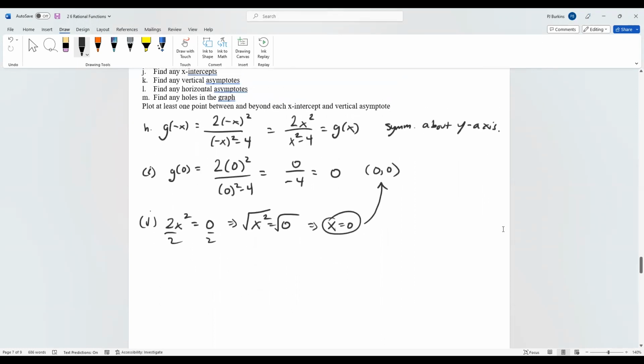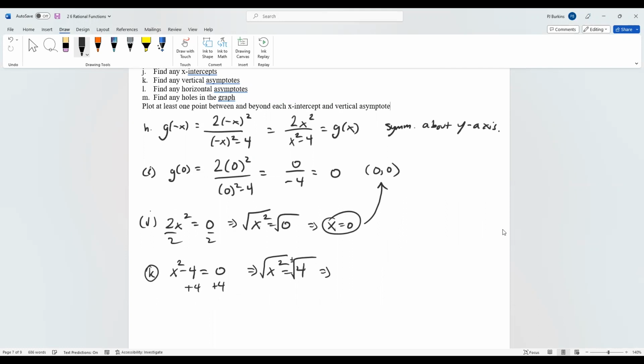What about vertical asymptotes? To find vertical asymptotes, we need the denominator to equal 0. So now we're looking at where x squared minus 4 equals 0. All right, so move the 4 to the other side by adding 4. Then take the square root.